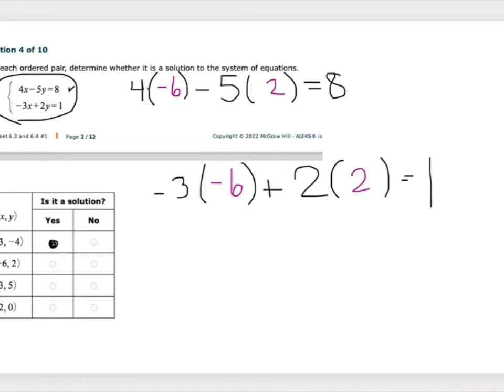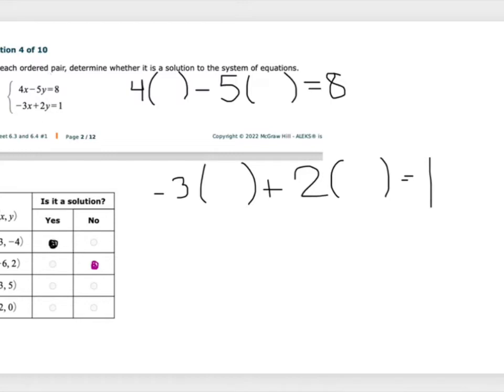Okay, so this is negative 24 minus 10 is negative 34. That one doesn't work. I don't even need to check the next one. This is a no. It has to work in both, and it doesn't work in the first one. So I don't need to check the second one. So we're going to take this one out, and this one out, this one out, this one out. Get rid of that, get rid of that.